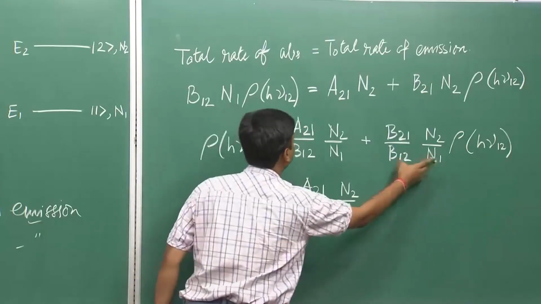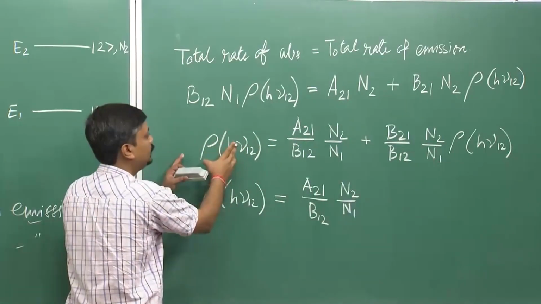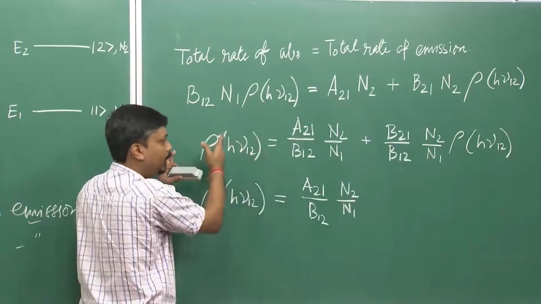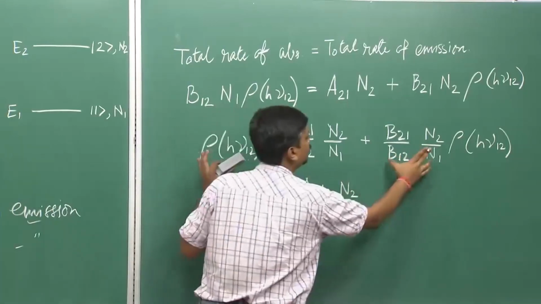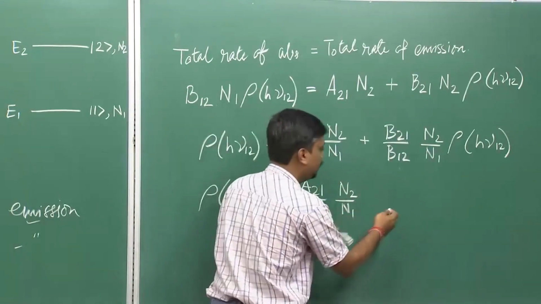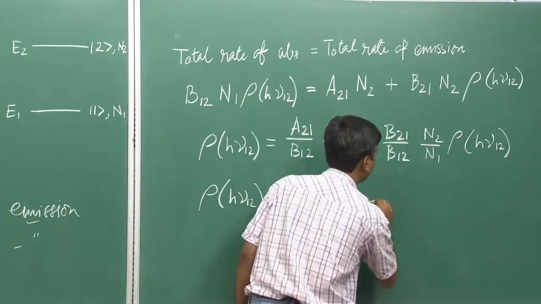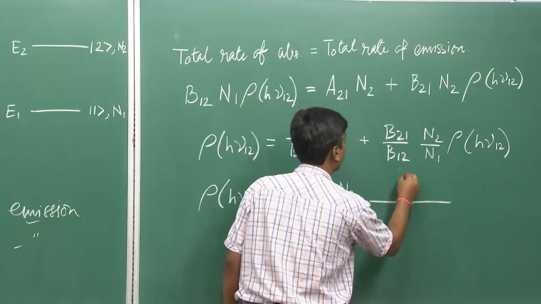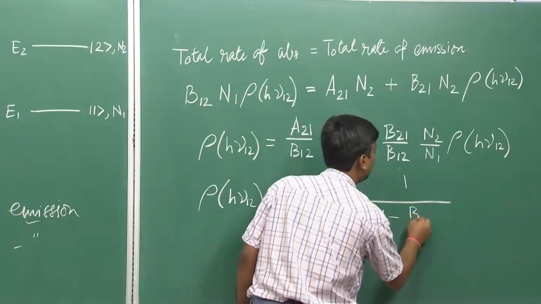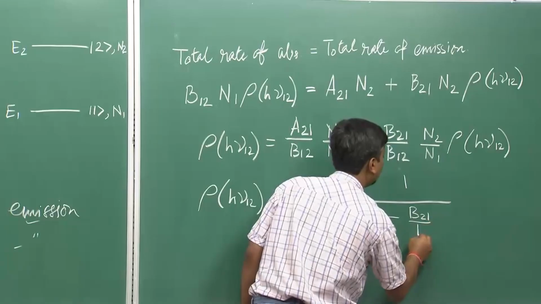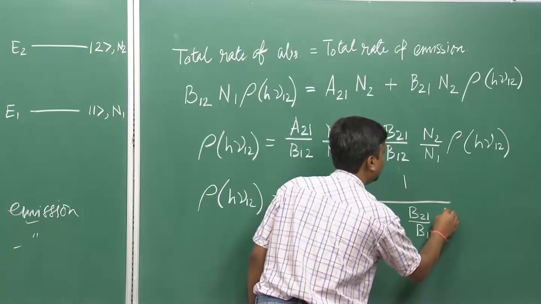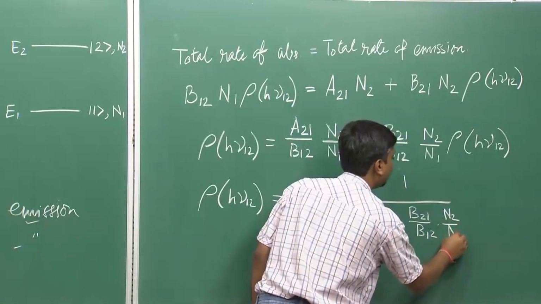Now, I have taken this part on this side, so this minus this part, taking rho out of the bracket. So, I have 1 minus this part, correct. Now that part is going to the denominator. So, then I have 1 by 1 minus B21 by B12 multiplied by N2 by N1.